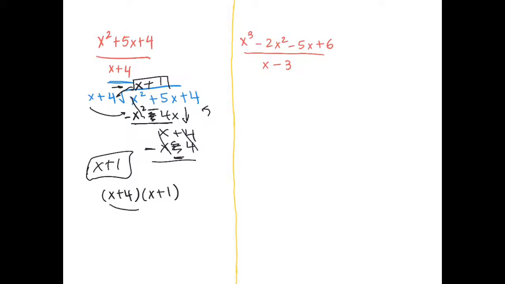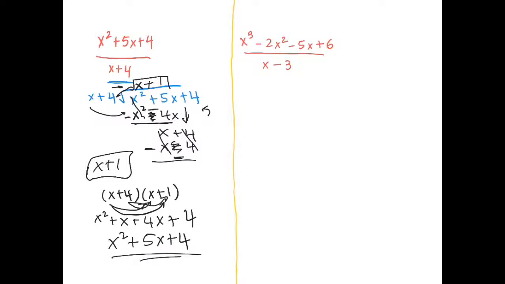So we've got x times x is x squared. x times 1 is plus x. 4 times x is plus 4x. And 4 times 1 is plus 4. So x squared plus 5x plus 4. Now that was our original equation, so we know that x plus 1 is going to be correct.